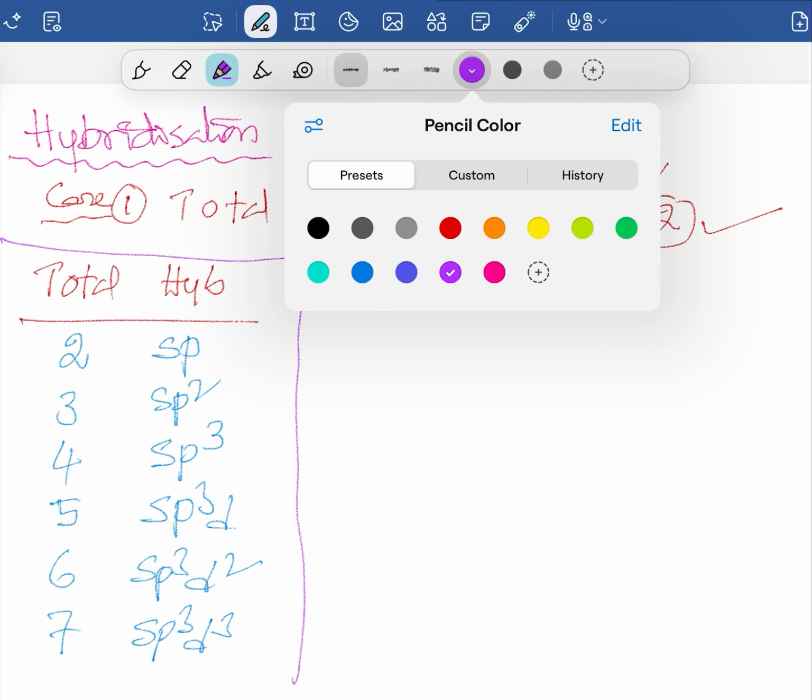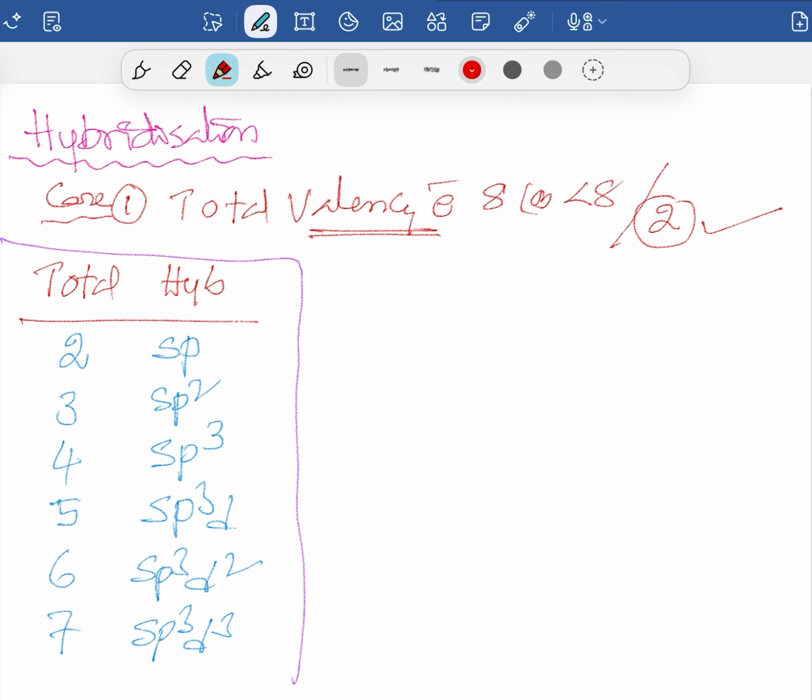But how do we apply it? For example, take the ammonia molecule, NH3. Given NH3, find the hybridization. Nitrogen has group number 5.